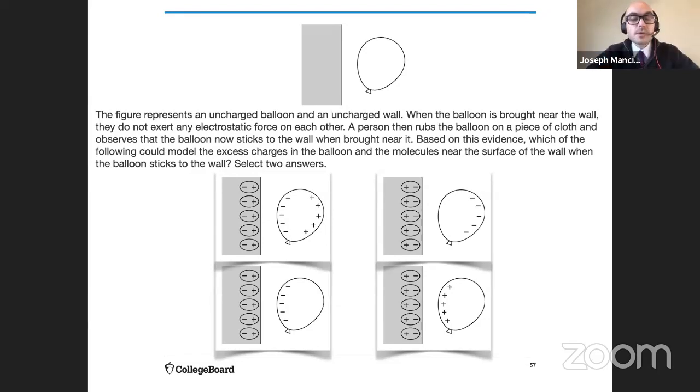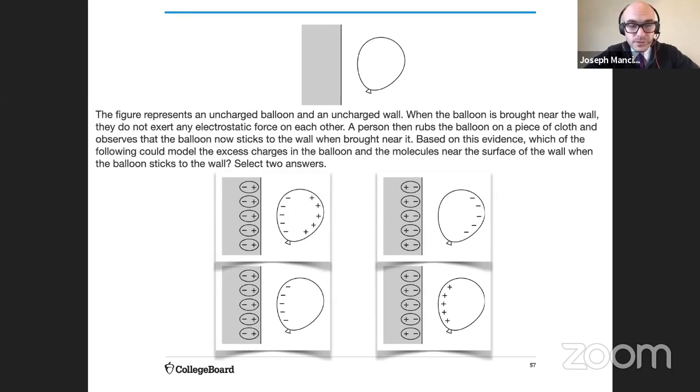So we have the balloon example, facing a bit of a different way, and your job is simply to choose the representations that best model the behavior that's going on. Which of the following could model the excess charges in the balloon and the molecules near the surface of the wall when the balloon sticks to the wall?